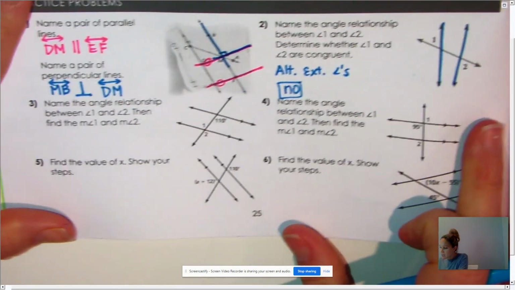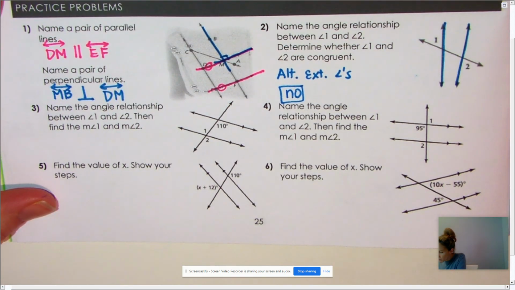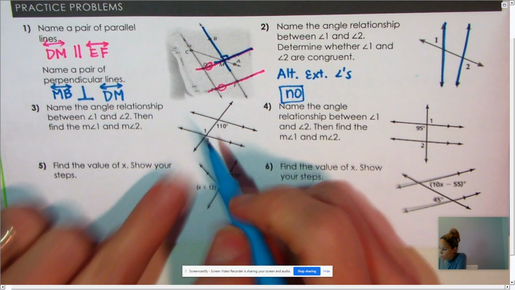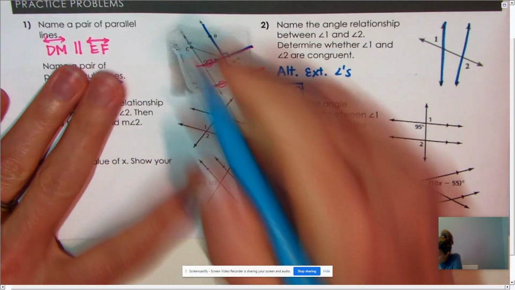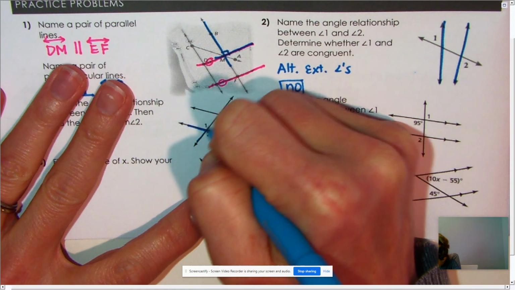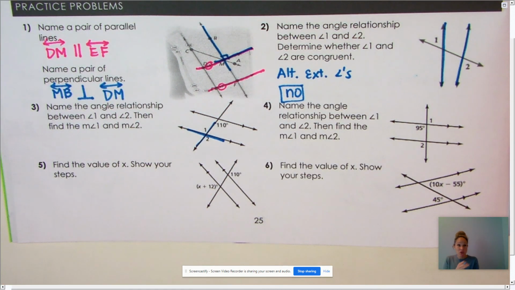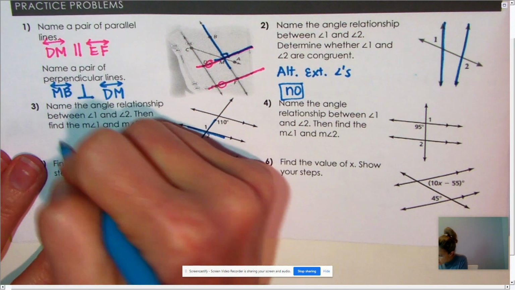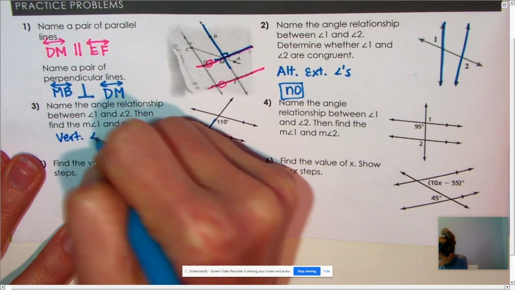Question number 3, name the angle relationship between 1 and 2, and then find the measure of 1 and 2. Okay, well, 1 and 2, I know make an X, and they just meet at that point. So I know that they are equal to each other because they are vertical angles.